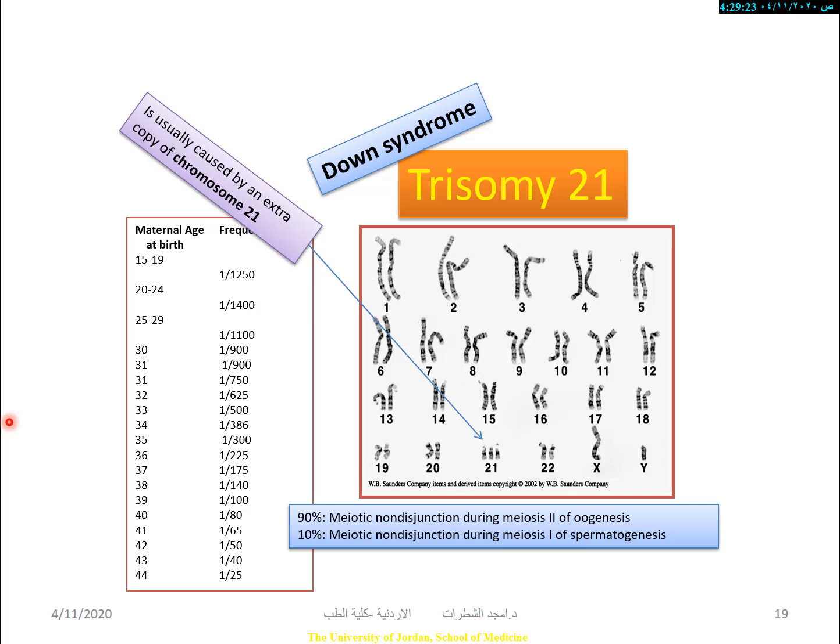This is the irony: during the preparation of the oocyte in one of their parents, usually in 90%, something has gone wrong. A chromosome did not split from its homologous chromosome, or a chromatid did not split from its sister chromatid.